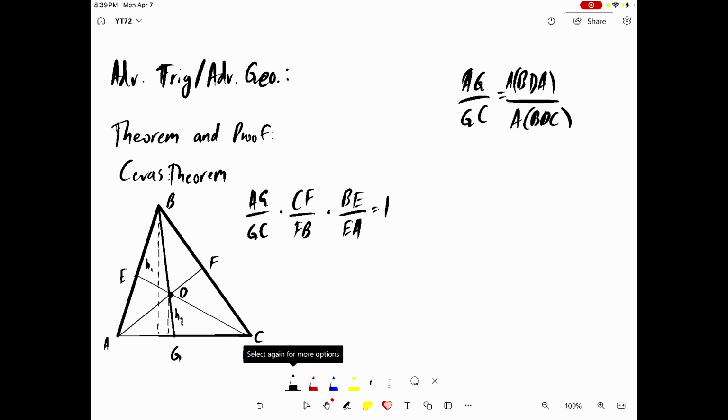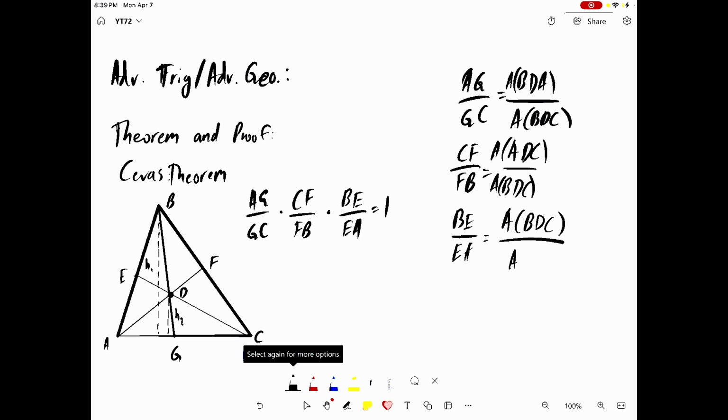Then we also have to find that CF over FB is equal to ADC over BDA, the ratio of the two areas. Then BE over EA is equal to the area of BDC over ADC. So when you want to figure out these ratios, you're going to have to take different triangles.